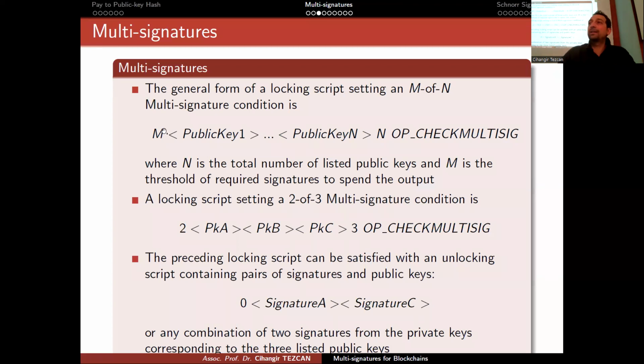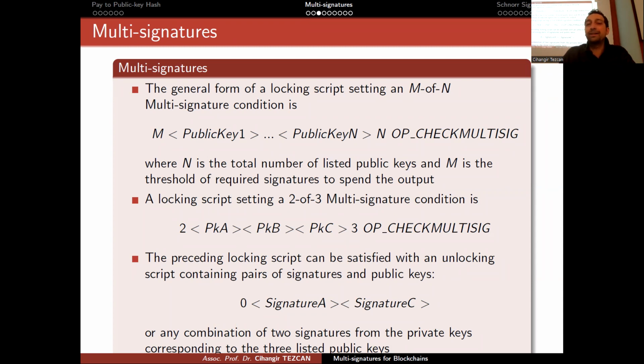But there is a bug, so it expects M plus 1 inputs. A common way to avoid this is to put a 0 input at the beginning. So this is a quirk of Bitcoin. We can correct this. Everybody knows that this is a bug and we can correct this, but it is in the consensus algorithm. So if we correct this now, this means that we are creating a hard fork.